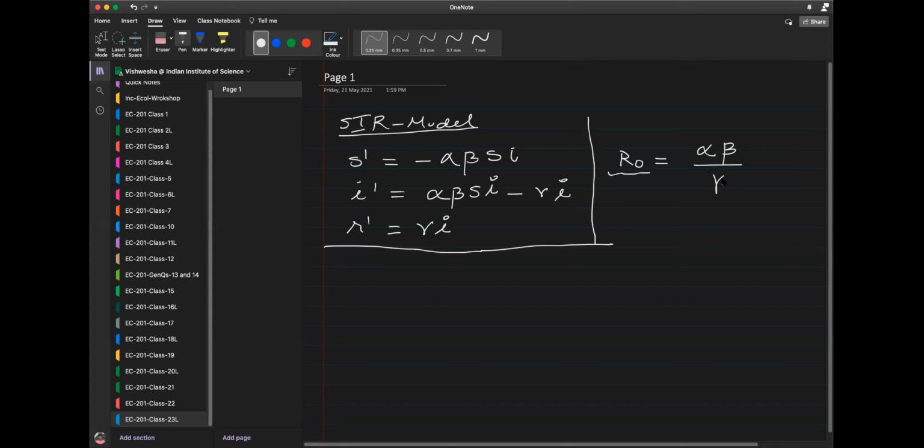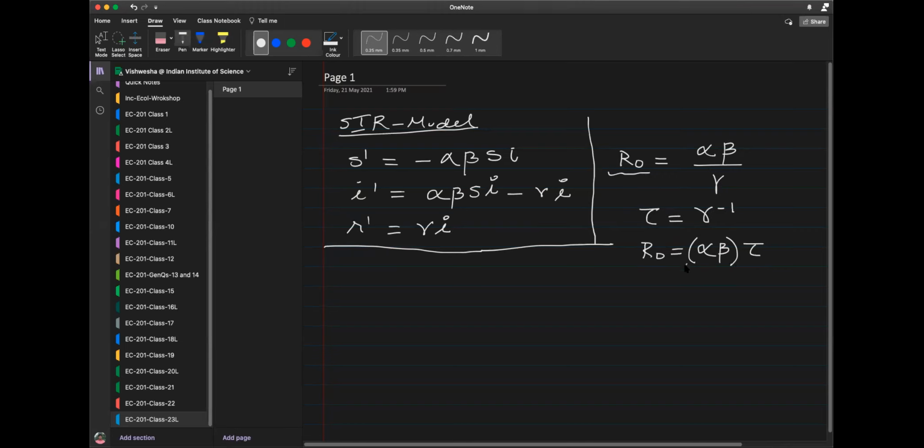What is gamma? Gamma is the rate at which recovery of the infected individuals is happening. Whenever you have a rate, if you take the inverse of the rate, you get a time scale. Do you agree with that? So we can also write R0 as alpha beta times tau.